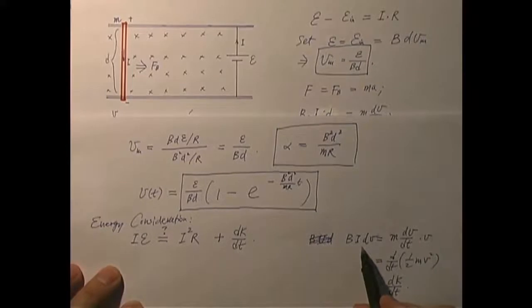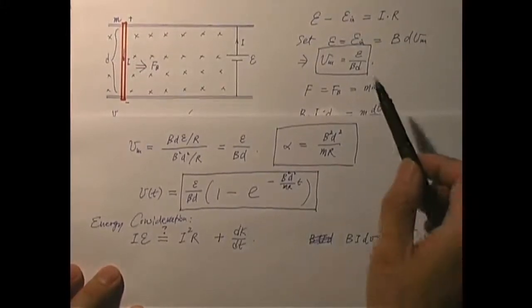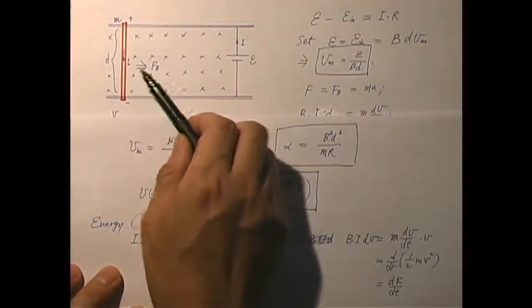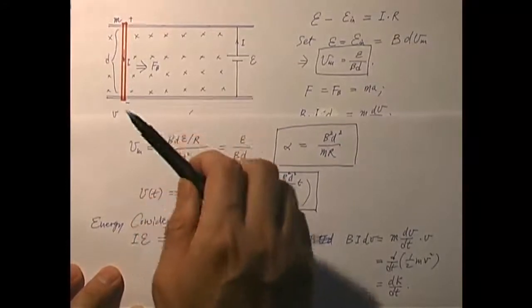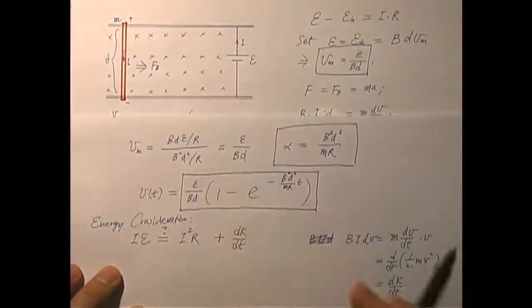Now, take a look at this side. It's BID V. Can we somehow simplify this? Well, what is BVD anyway? Isn't that the induced EMF? Because it's the motional EMF as the bar cuts through the magnetic field lines. The induced EMF, or motional EMF, isn't that B times V, the speed of cutting, times the length of the bar, which is L?